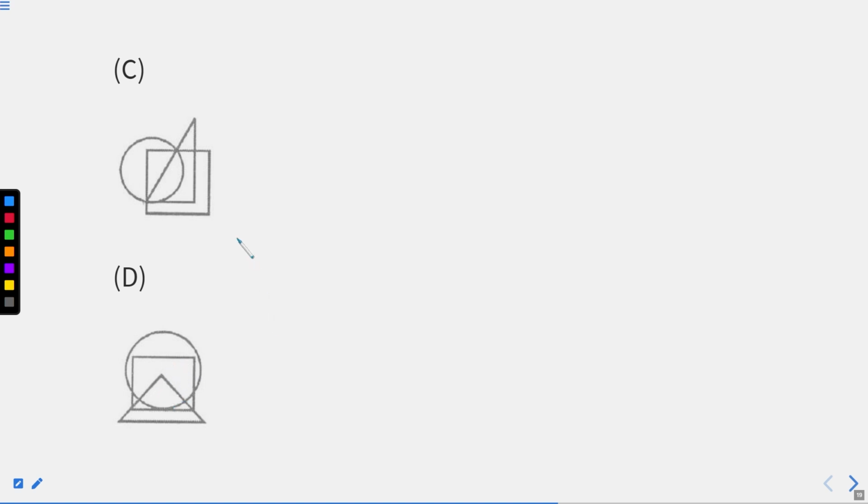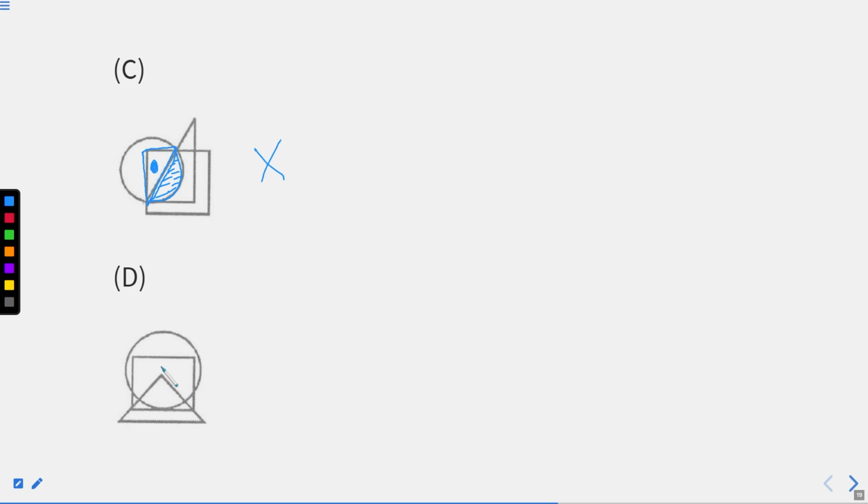Now, let's check for the other. Circle and square have a common area, this. We can place 1 dot here. Circle and triangle have a common area, this. But this is completely inside the square. So, we can't place any dot here. So, this is not your answer.